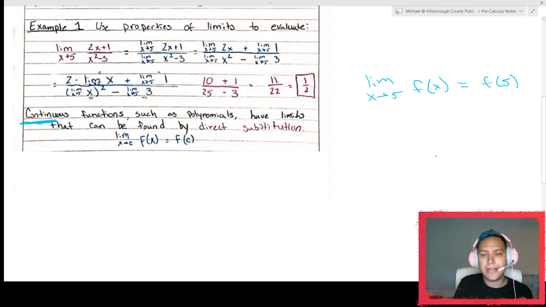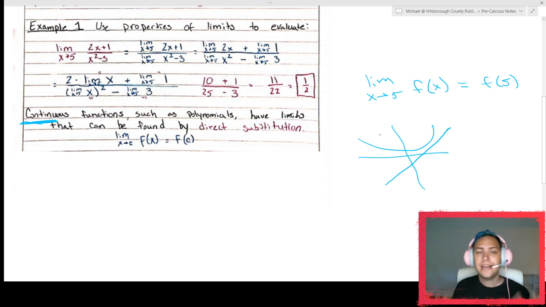Now, what I mean by continuous, if you think about a parabola, that is a continuous function because there is a value for every single point that doesn't cause any confusion. For a linear graph, that is continuous because from negative infinity to infinity, there is a value for every single x that is concrete and makes sense. A function stops being continuous if, for example, it has a removable discontinuity.